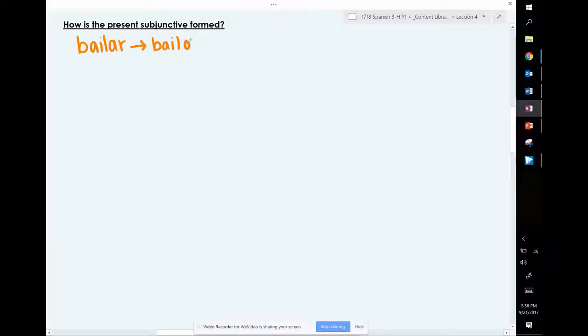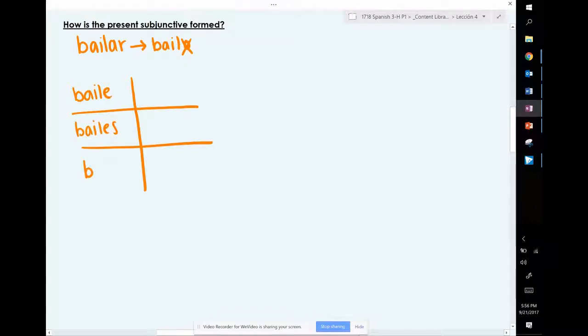Then I'm going to drop this O and attach the opposite ending. So I get baile, bailes, baile, bailemos, and bailen. So that is how you form the present subjunctive with AR verbs.